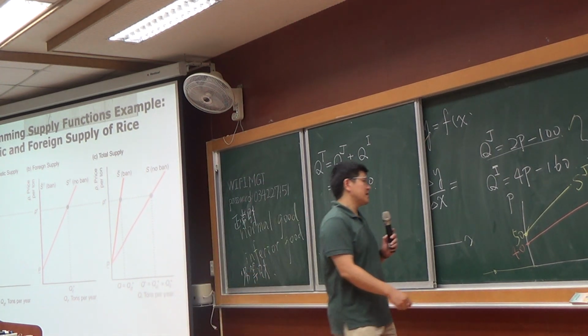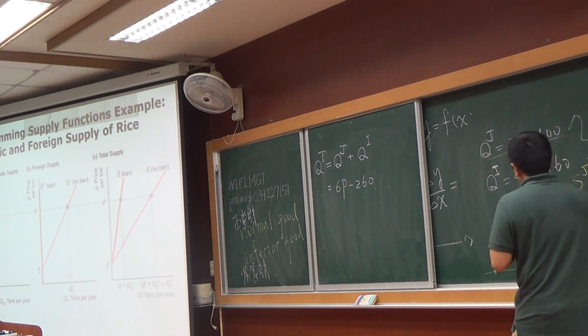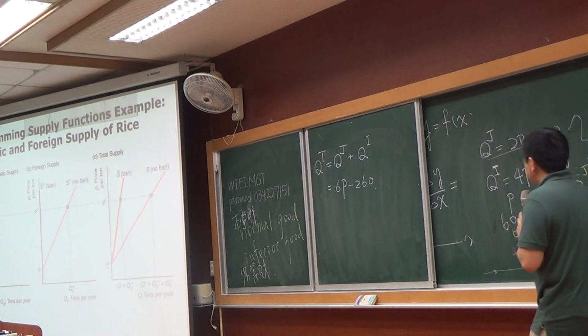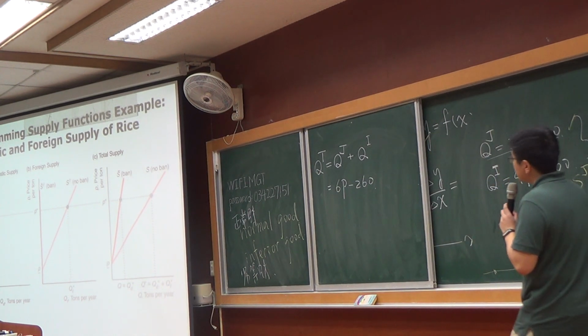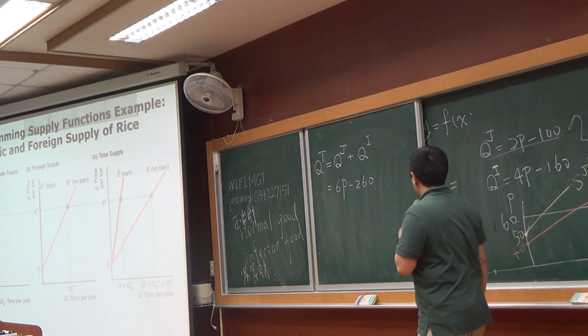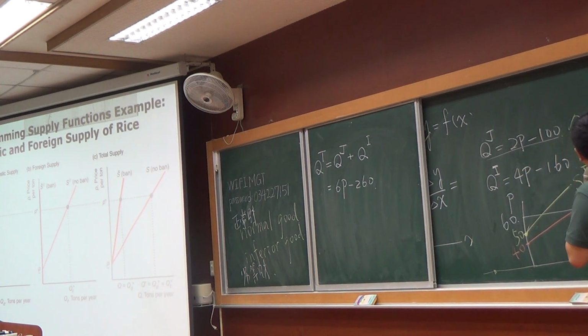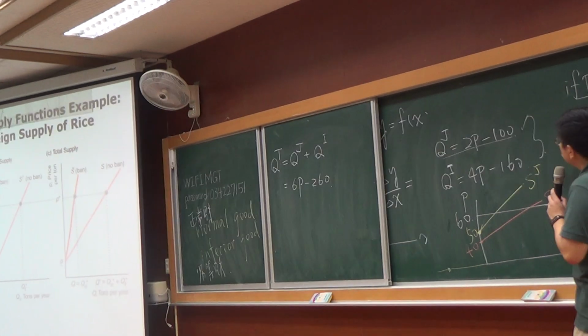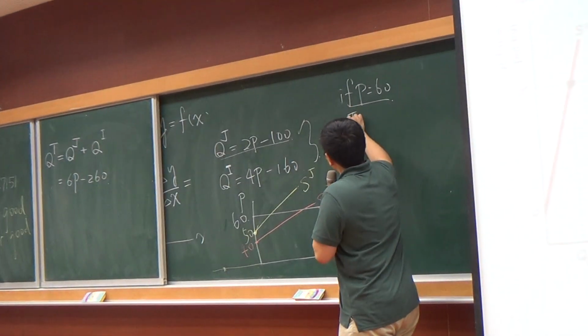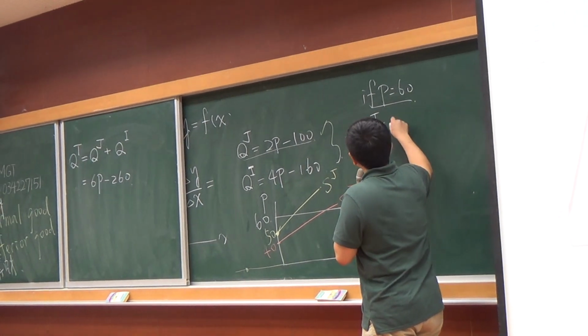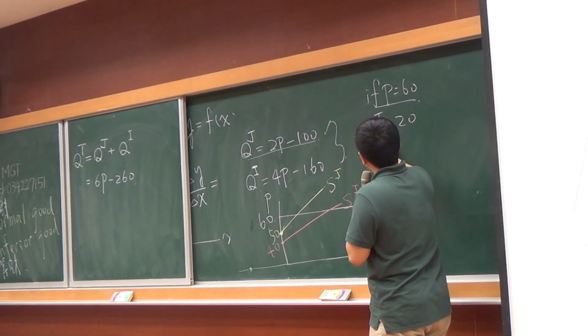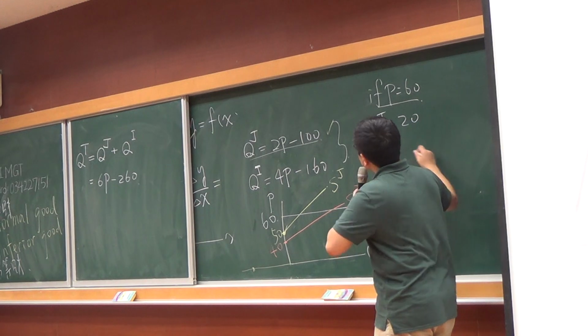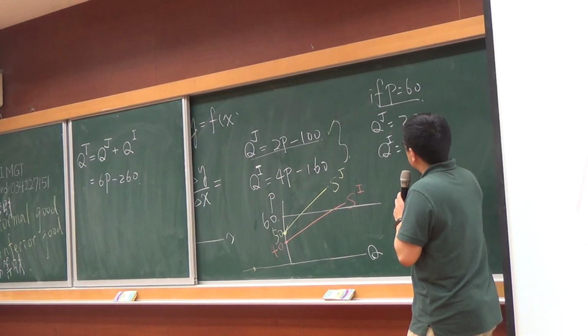Let's check whether this equation is correct. If the price is set at 60, then QJ equals 20 and QI equals 80.